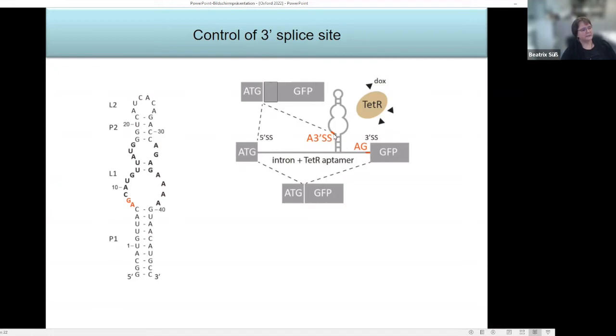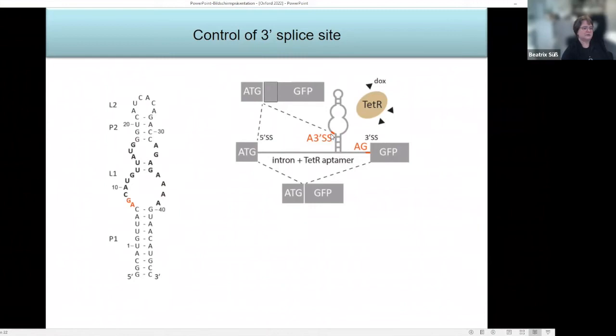And then here, exemplarily shown is this CAG, which could be an alternative splice site, yeah? And then if it works, the idea would be that without TET-R, this splice site here is used, and we end up with an ATG and a GFP, so with the correct message.